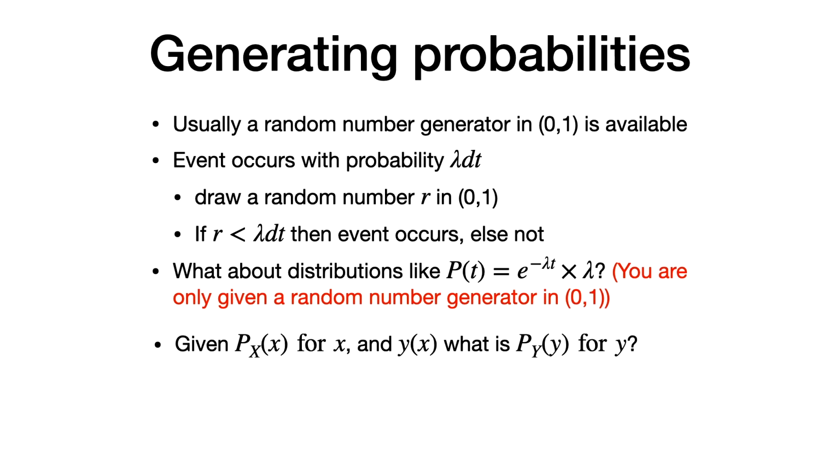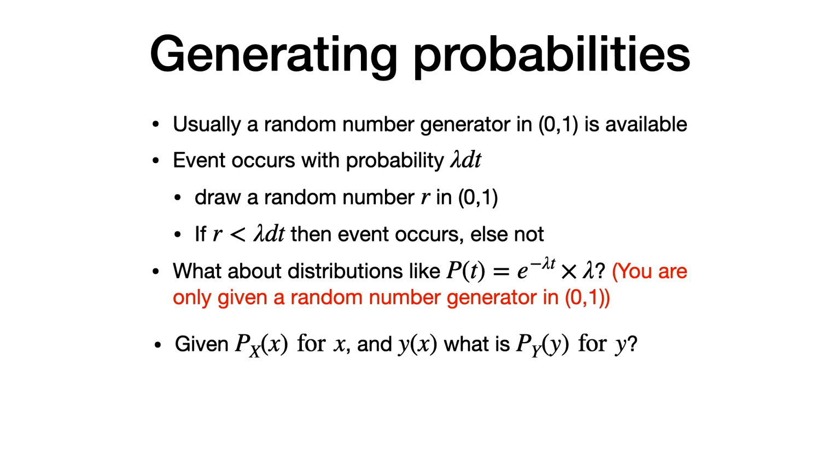Now a slight deviation: on a computer, how does one generate probabilities? If you use a basic language like C or Fortran, what is given to you is a random number generator in 0, 1. If I say generate a number between 0 and 1, it gives a random number if you use a good random number generator.